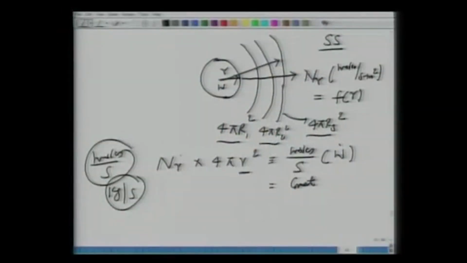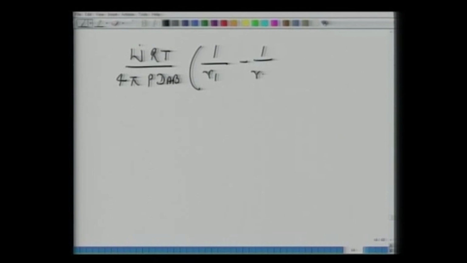So when we write down the expressions for N_r and in the previous expressions and we integrate, we have to ensure that we are making correct integrations. Okay, so we can always go back and integrate the previous expressions, which we had: W dot RT over 4 pi P D_AB times (1 over R1 minus 1 over R2) equals ln of (P minus P_A2) over (P minus P_A1).